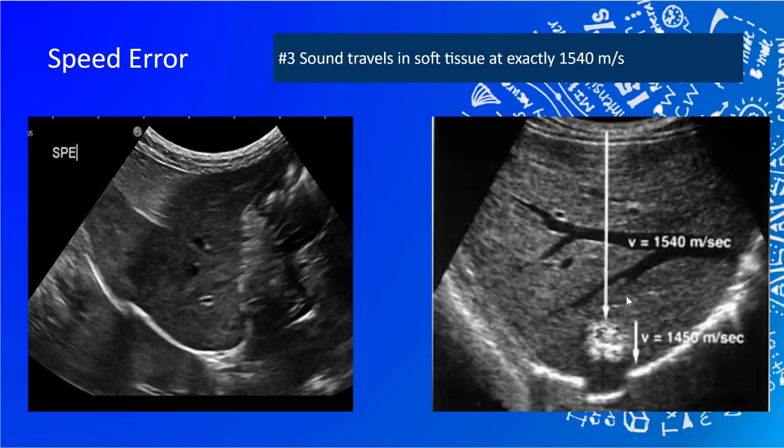So the machine misregisters where they think those echoes are coming back from. So we can see here we have this broken diaphragm. There's a step off. This chunk of diaphragm sits lower than where it actually should be. So that is the artifact. We are not displaying the anatomy as it actually appears.